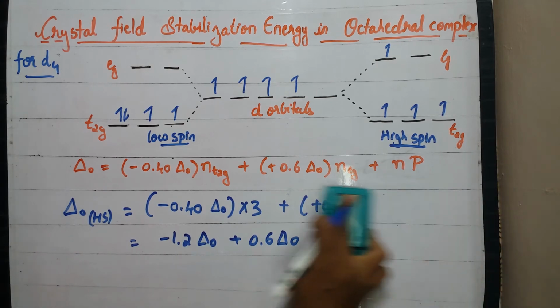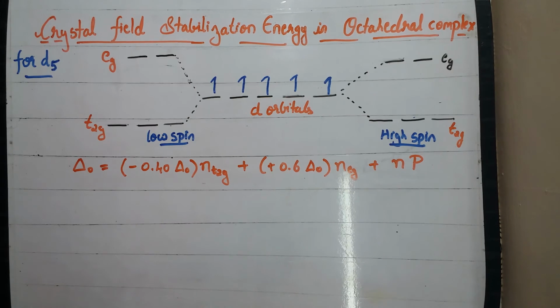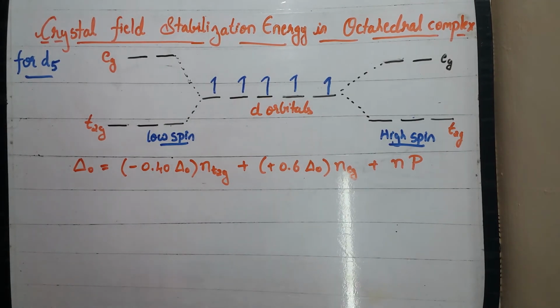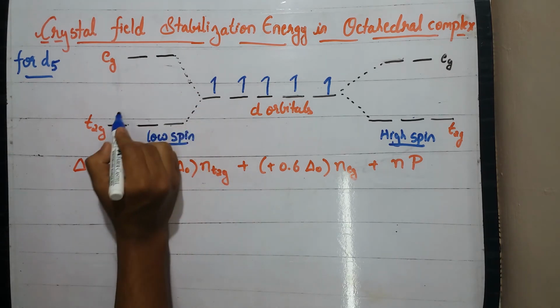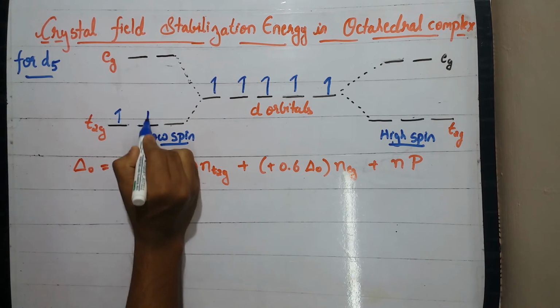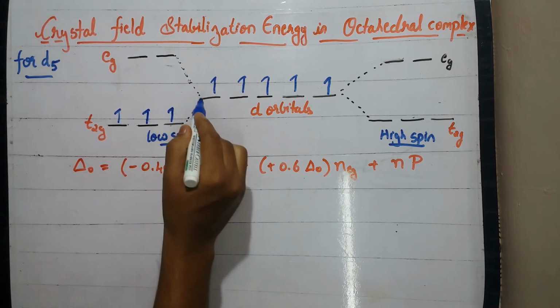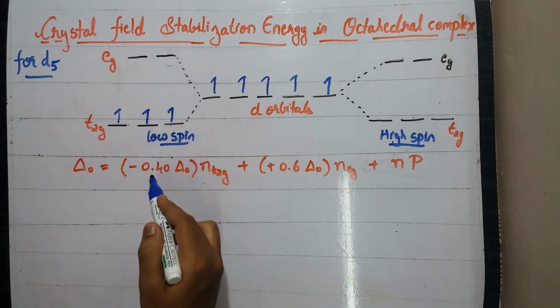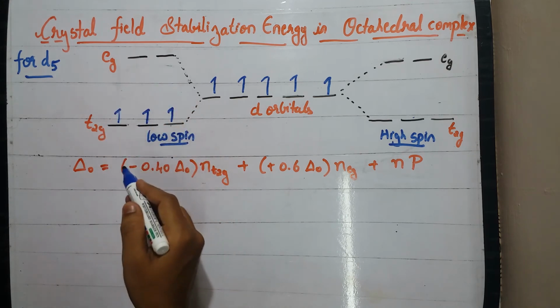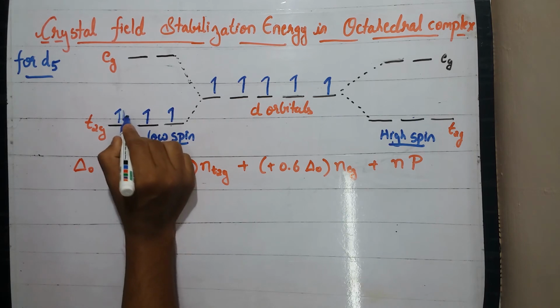Let's consider another example. For a d5 system in a low spin, as the delta naught, that is the crystal field splitting energy, is high, the electrons get paired up. That is, after filling 3 electrons, the electron is not added to the Eg because the delta naught is high, hence the pairing occurs easily.